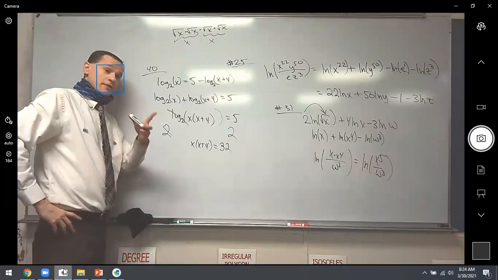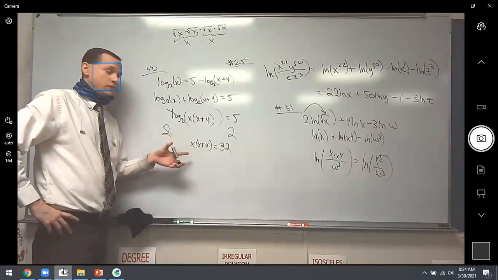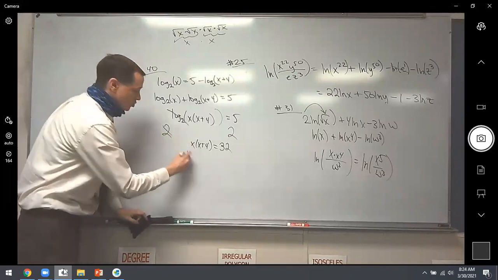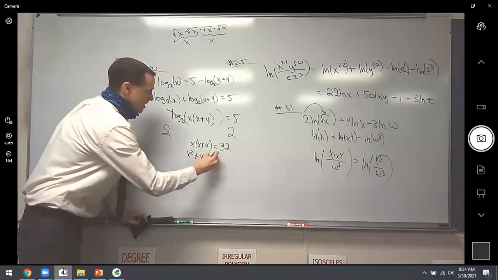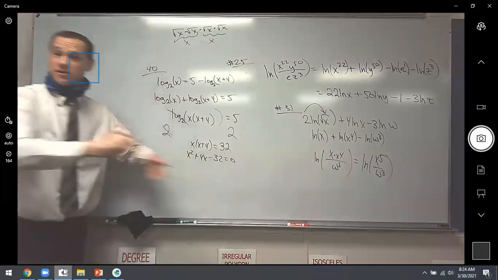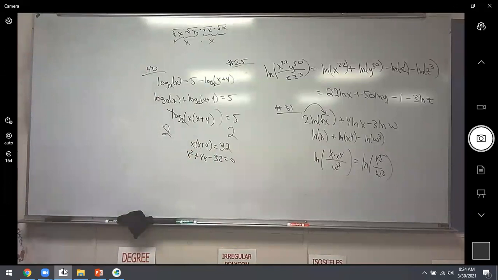I see a quadratic. Do you see a quadratic coming down? Yeah, let's distribute this out. This is x squared plus 4x. And like any quadratic, I should move the other number to the other side, set it equal to 0, and hope that it factors. Does it factor? 32?